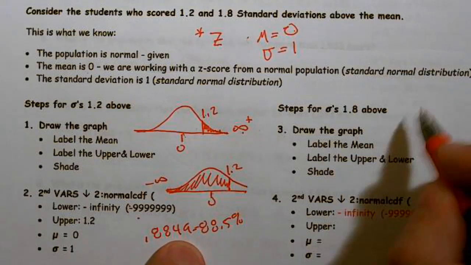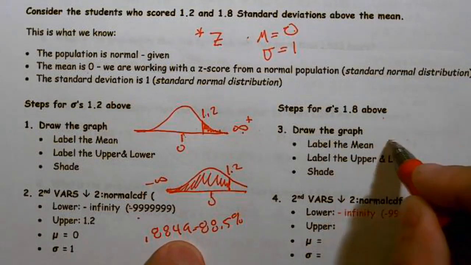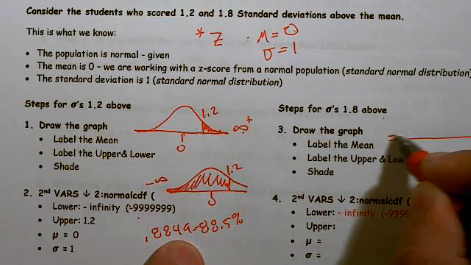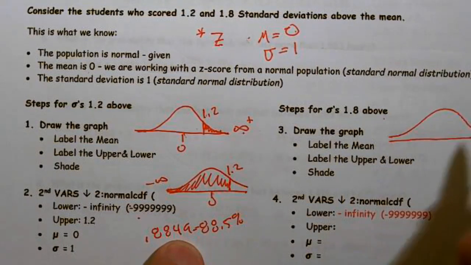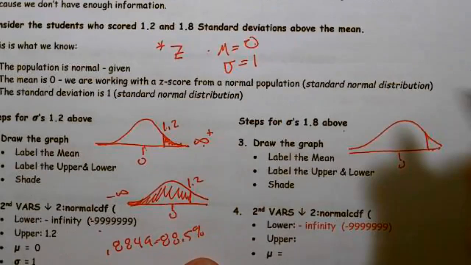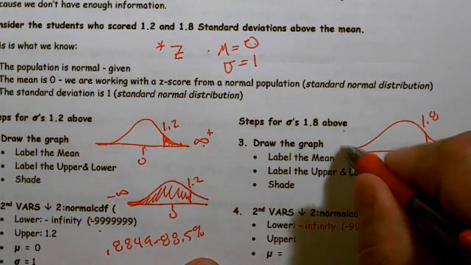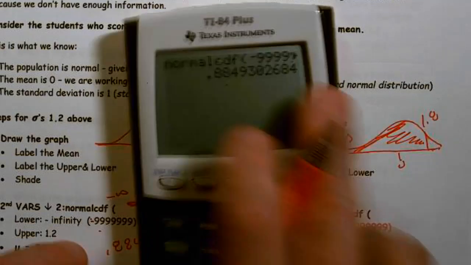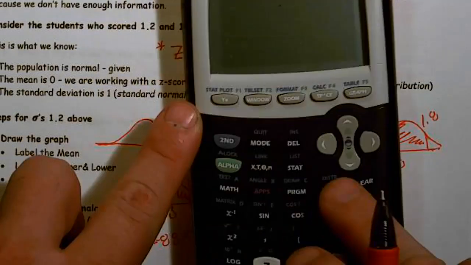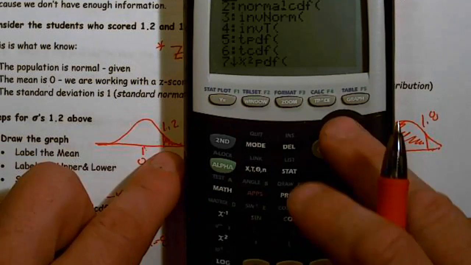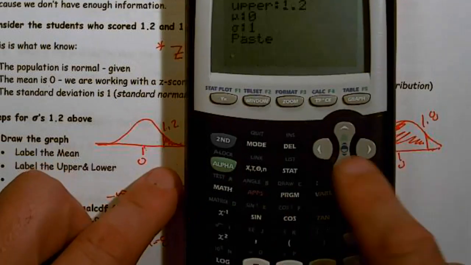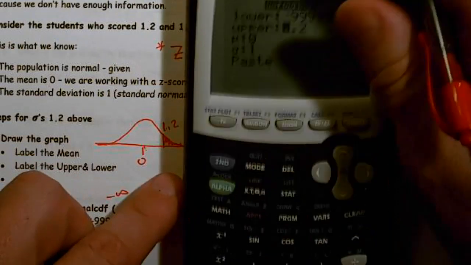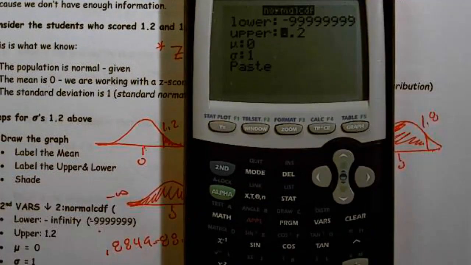So here we have 1.8 standard deviations above. So if I'm drawing my picture, once again, this is above the mean. And we have 1.8, and we're wanting the percentile rank, so we have to go to negative infinity. So second vars, normal CDF, negative 99999, that's what we use for infinity. So positive infinity, if they'd asked for it, we would have used positive 99999.